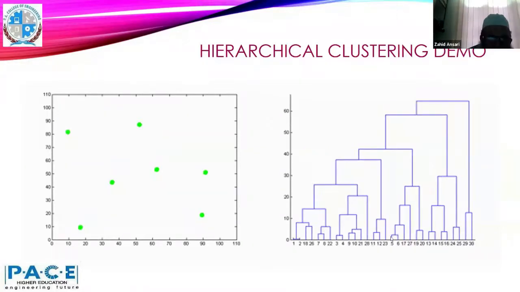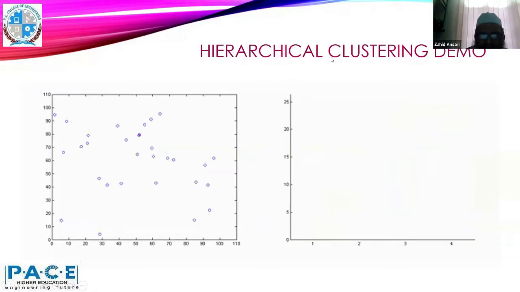This will happen until we get just one cluster. Now we have 4 clusters, now 3 clusters, 2 clusters, and 1, a single cluster. This is the end. Then again it restarts, so I'll just move to the next slide.